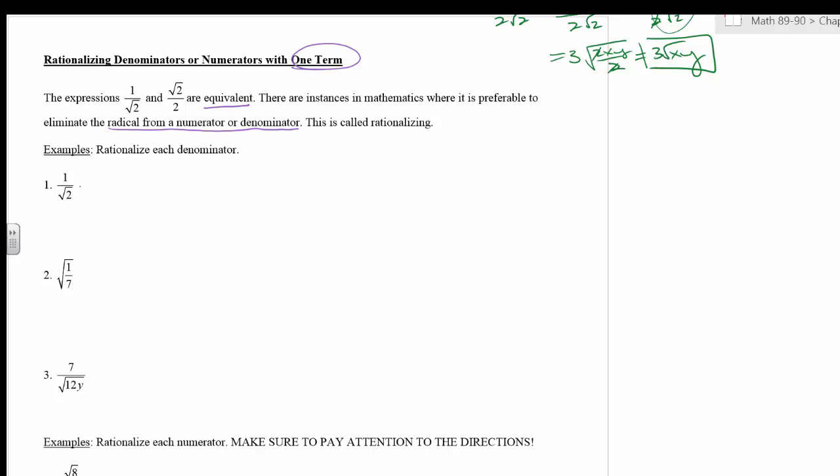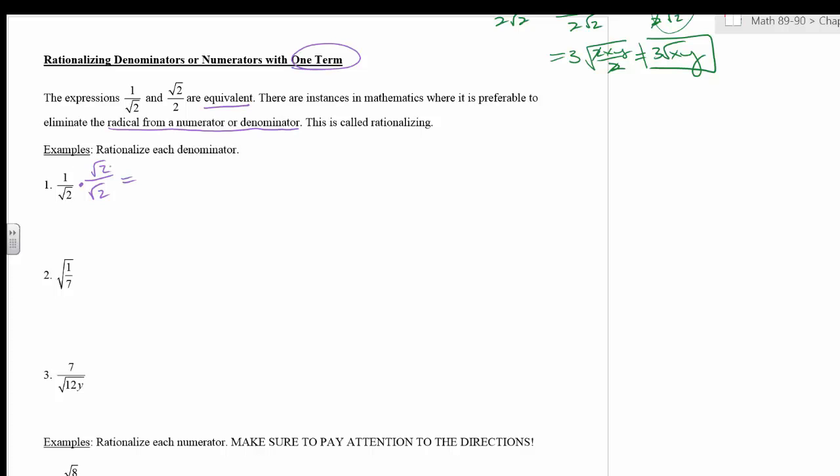So how do I rationalize? Well, I'm going to show you first, and then I'll explain to you why. The only thing I can really do to simplify when I don't have an equation with a fraction is multiply top and bottom. So I'm going to multiply top and bottom by the square root of 2, and that's going to seem kind of magical. Why did I pick the square root of 2? Well, watch what happens when I do this.